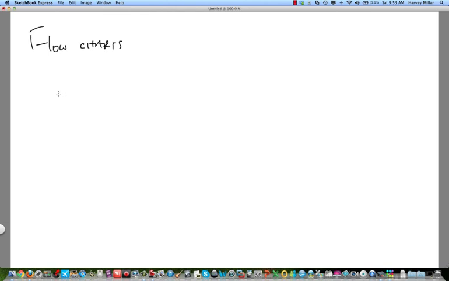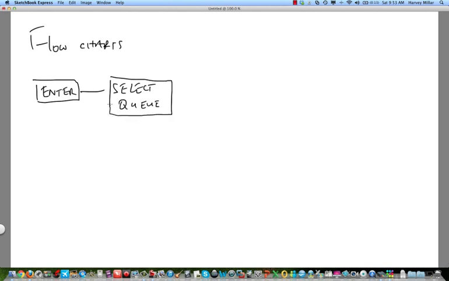If you were going to open an account in a bank, so you'd have to enter the bank, right? Enter, one part of the process. You may then select Q. In some cases just a single Q. Some cases you have multiple Qs.